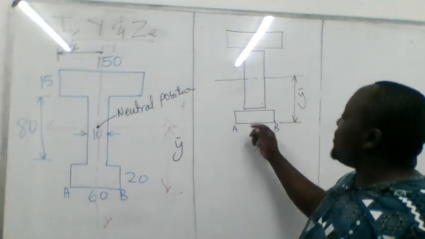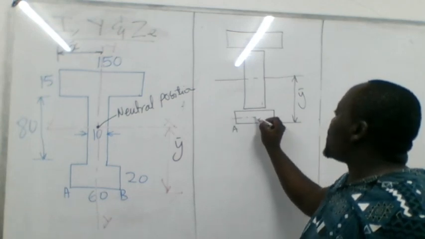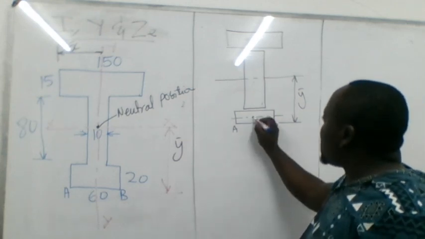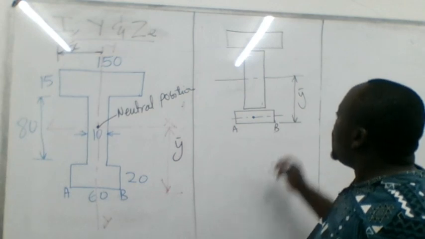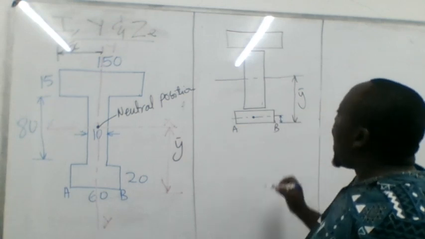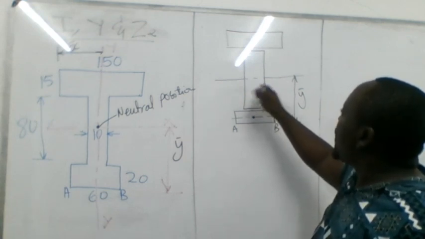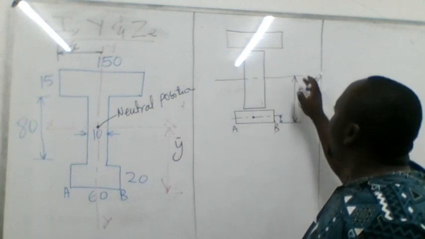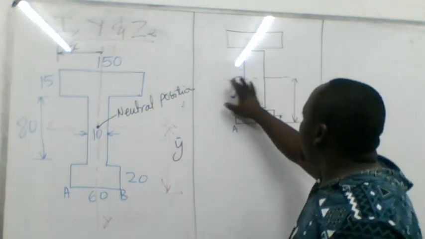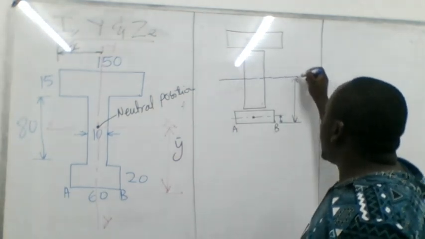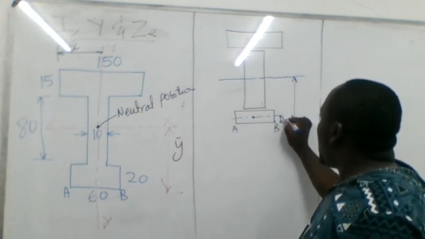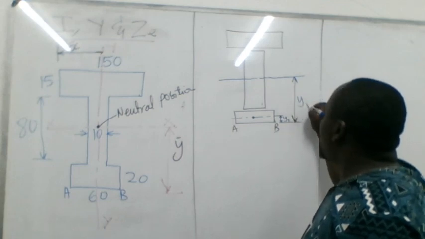Now, when you look at this member, it has got its central position there, from the base. And also this member has its central position. Let me just take it that this is the central position of this one. I'll call this Y1, Y2.